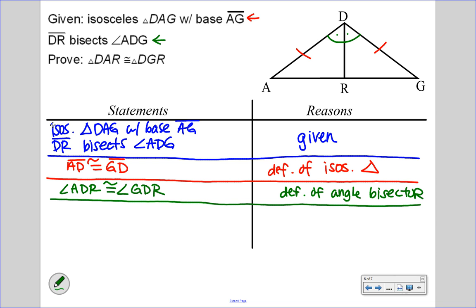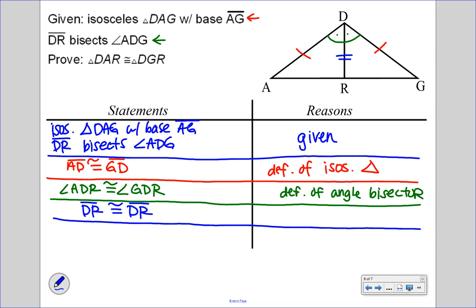We only have two congruency statements, so we need a third one. So we look to the picture to see if there's anything that we can draw in, and they share a side. So we can put those two marks there, and we can say that DR is congruent to DR. And that's our reflexive property of congruence.